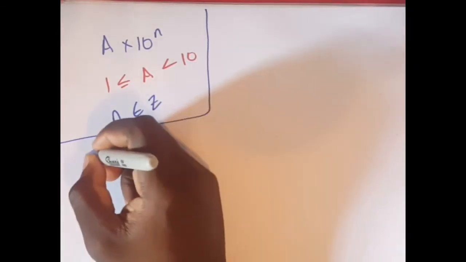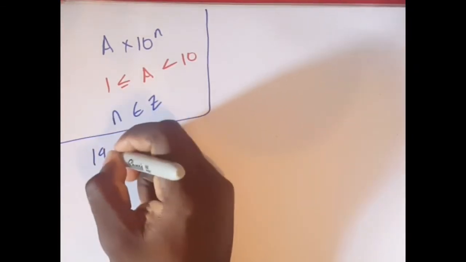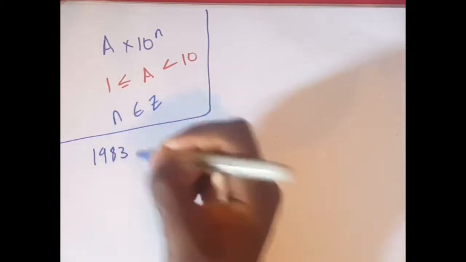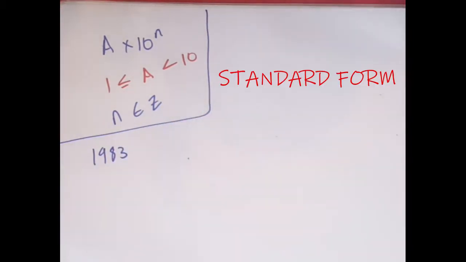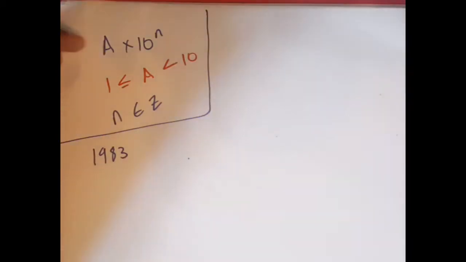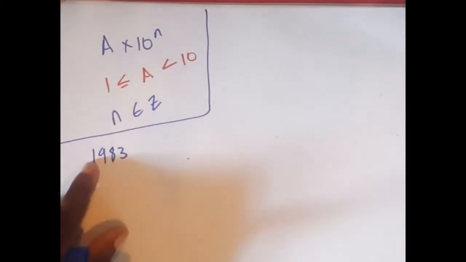Say you're given 1983 and you're told to write this in standard form. First, you're going to get the a from this.